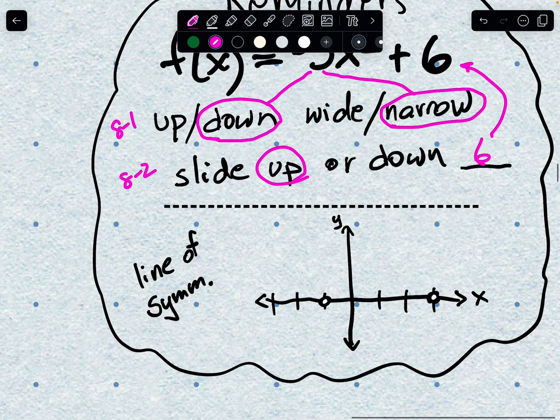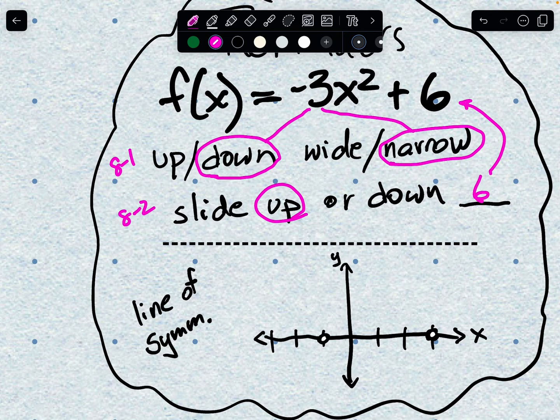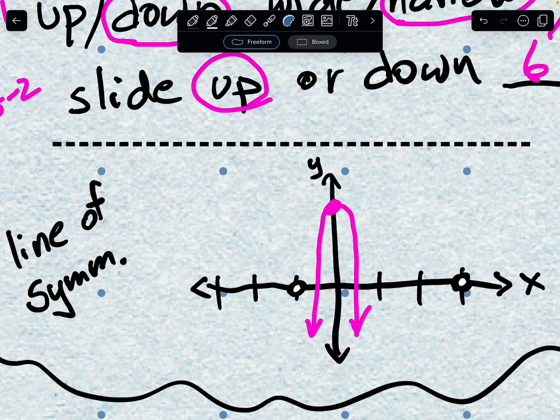Now, one of the things we talked about on 8-1 and 8-2 is the line of symmetry. If I were to sketch this parabola right now, I would say the parabola is up here. It's downward and skinny. What I'm going to change a little bit is that we are not going to be centered in this unit.